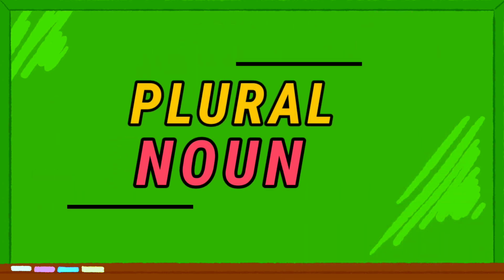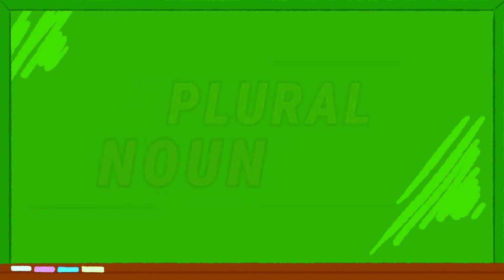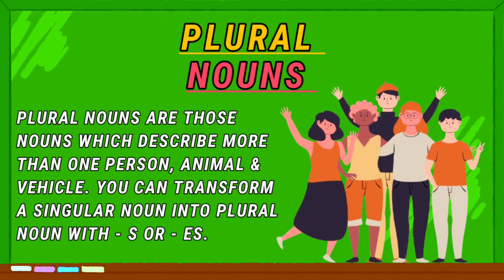So next one is plural noun. So what is plural noun exactly? Well, plural nouns are those nouns which describe more than one person, animal, or sometimes any vehicle. Unlike singular nouns, plural nouns show you multiple objects.